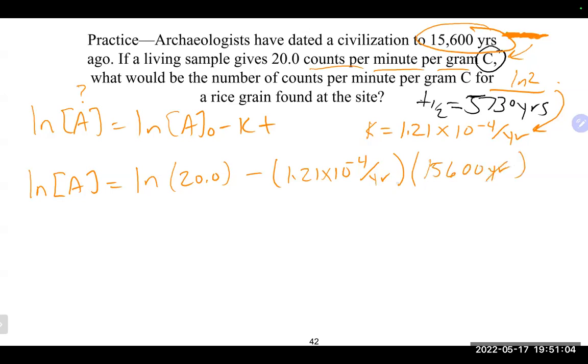Years will cancel, and cleaning up the right-hand side gets us the natural log of A equals the natural log of 20 minus 1.21 times 10 to the minus 4 times 15,600, which gives 1.108. Let me try that one more time just to make sure.